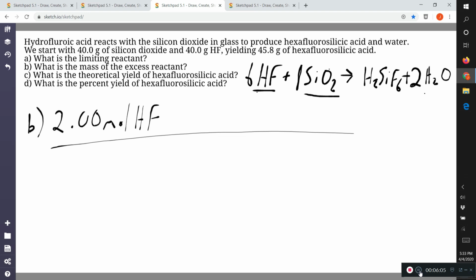And we're going to continue our stoichiometric process for the silicon dioxide. So we need to go from moles of hydrofluoric acid to moles of silicon dioxide. There's a ratio given by the coefficients in the balanced equation: 6 moles of hydrofluoric acid will react with 1 mole of silicon dioxide.